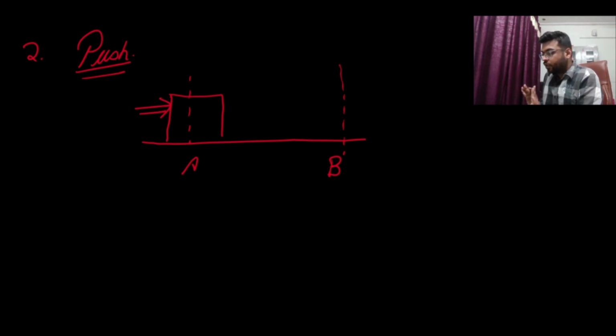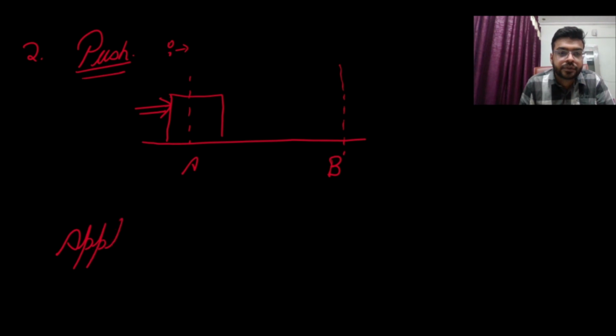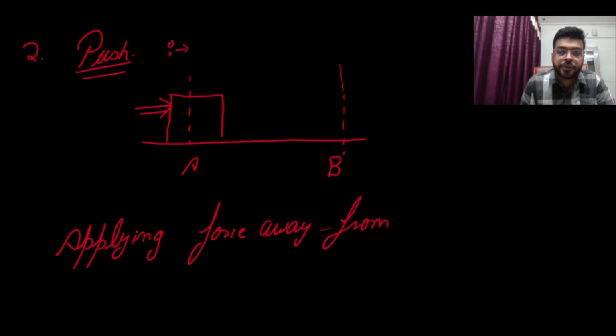What you are doing? You are pushing the block from point A to point B, right? While pushing, you are applying the force away from the body, correct? So push is the effect of force, and in this push, you are applying force away from the body, correct?